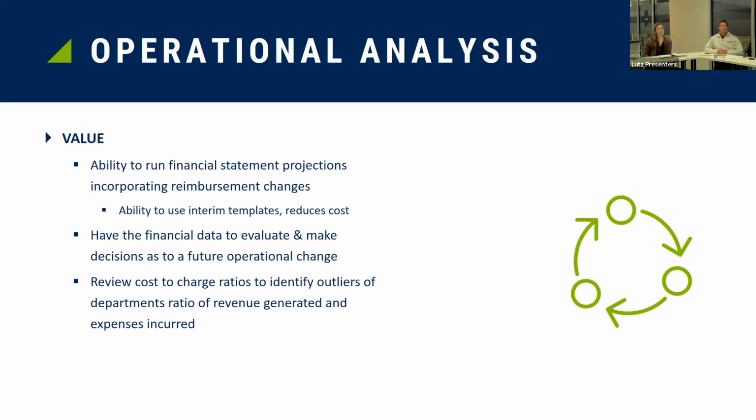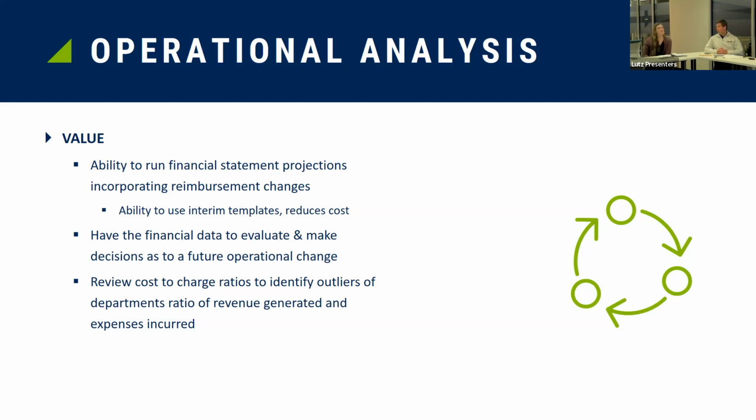And we'll look at a couple of examples in a few slides of some common scenarios or questions that we get asked about: if we change this at the facility, how is that going to look two or three years down the line, not only from an operational net income perspective, but from a reimbursement change perspective. So it becomes a very valuable tool to evaluate those types of decisions up front, accounting for changes in Medicare reimbursement.